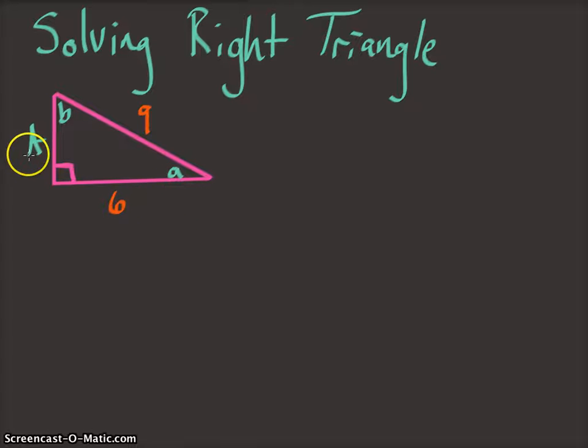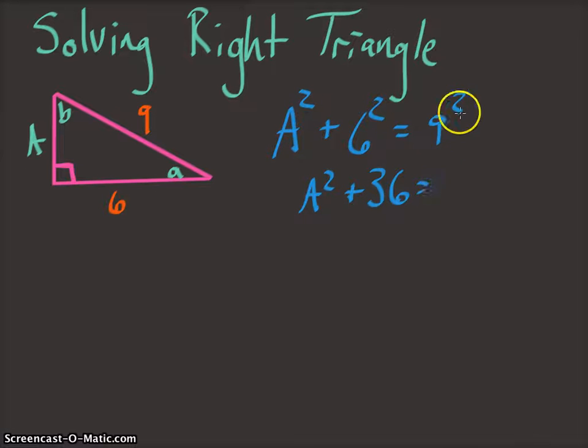First things first, let's find side length A. We can do this using the Pythagorean theorem. So we know that A squared plus the other leg, 6 squared, is equal to 9 squared. So A squared plus 36 equals 81.